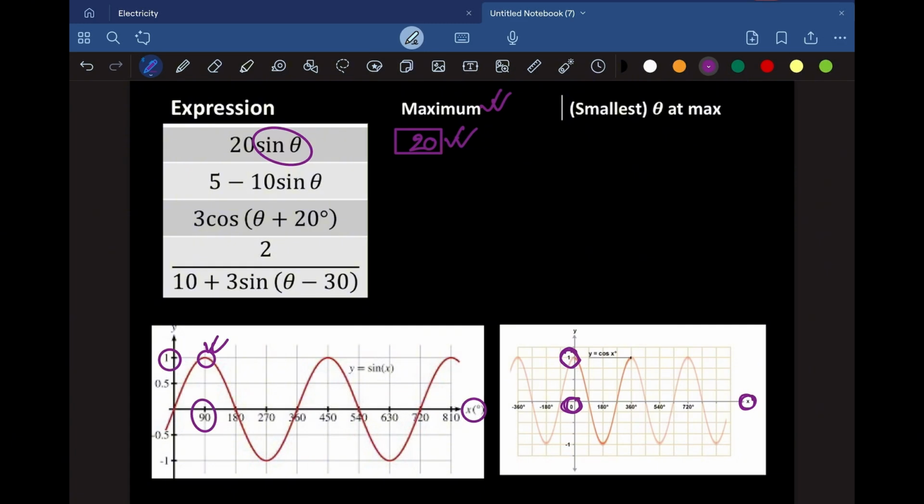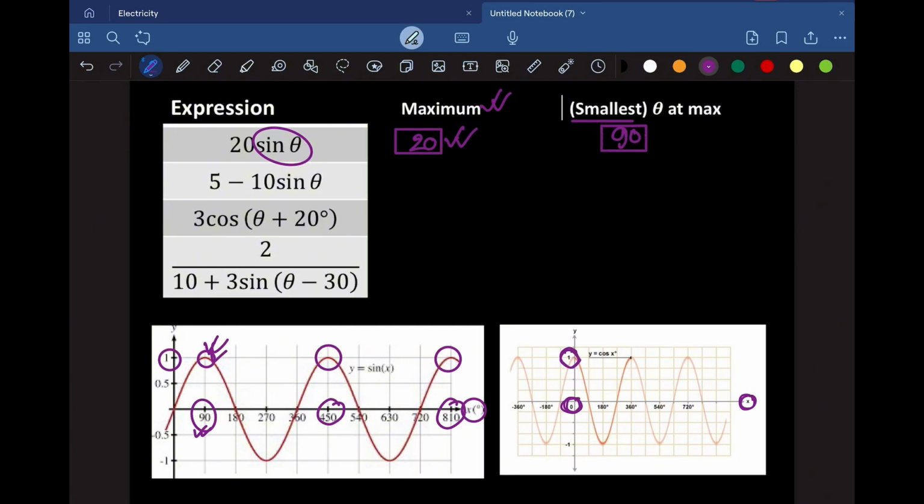The sine x graph is maximum at this value as well as this one, but they have asked for the smallest theta value at max. It is maximum at the smallest theta value when it is 90. It is also at 450 and 810, but they have asked for the smallest value, so we pick 90, because out of these three, 90 is the smallest. So the answer will be 90.